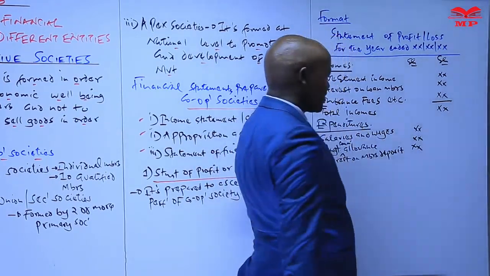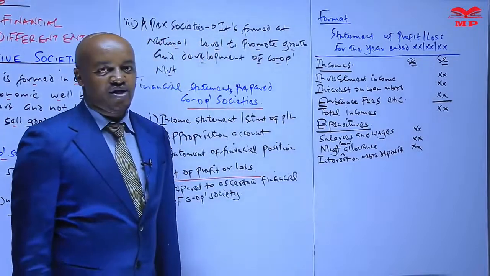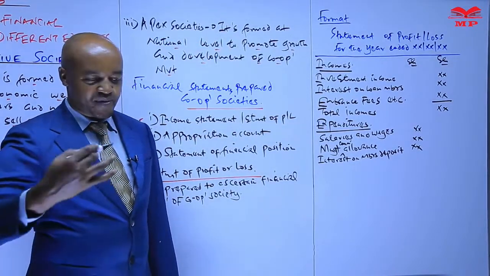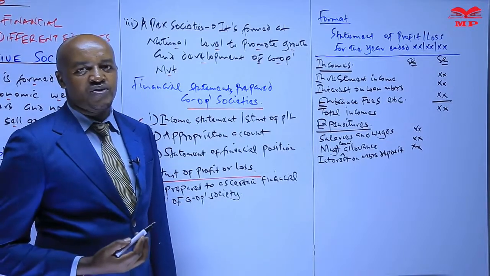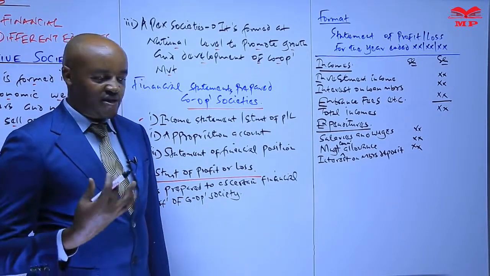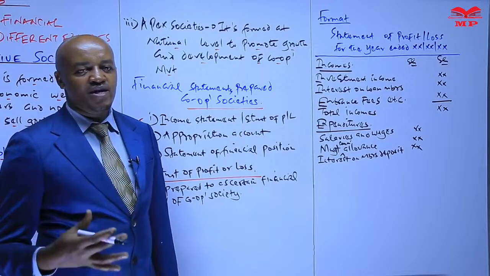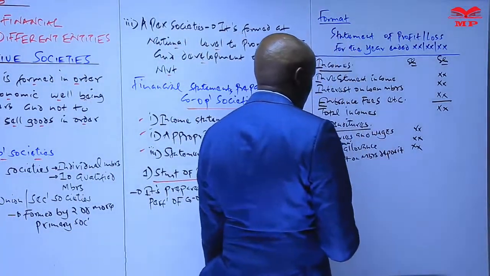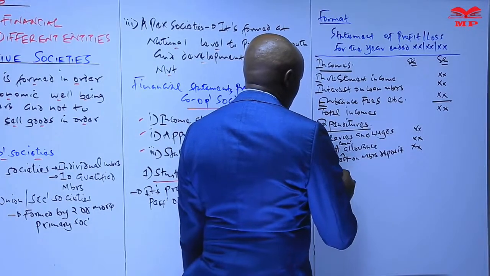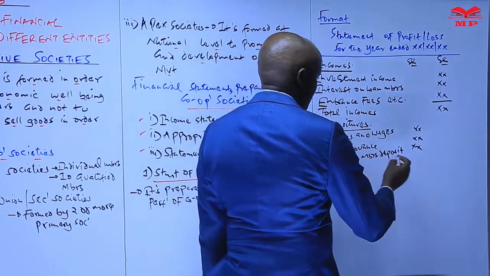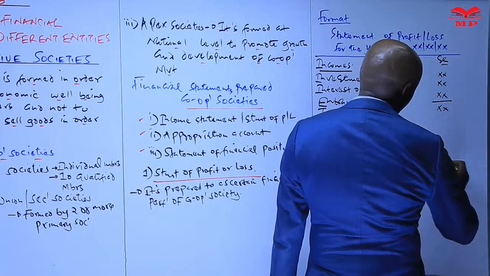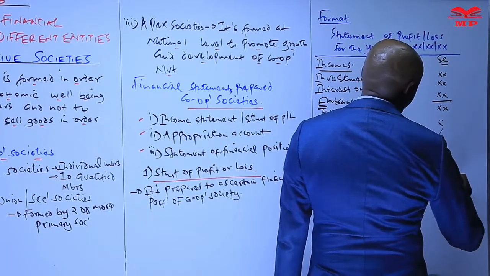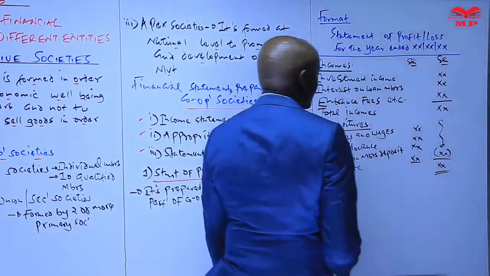Cooperative societies, mostly SACCOs, pay interest which is based on members' deposits, because the SACCOs want to encourage members to continue saving with that SACCO. So at the end of each year, as a member, you are paid some interest which is based on your deposit. So we take that into account. Then we also take into account other expenses like rent, etc. So we take into account all the expenses of the cooperative society, and we deduct that from the total income.